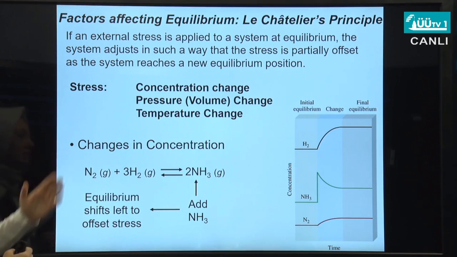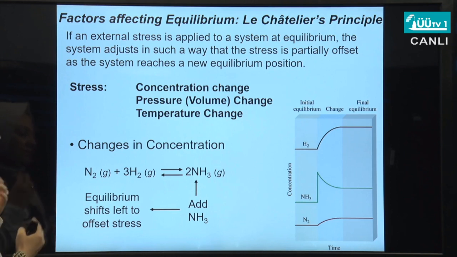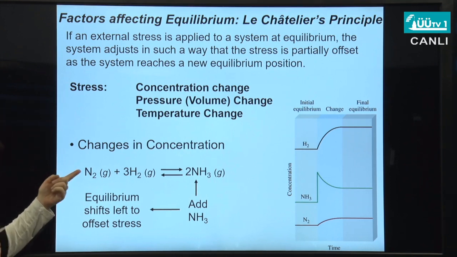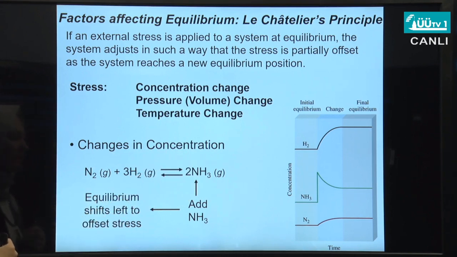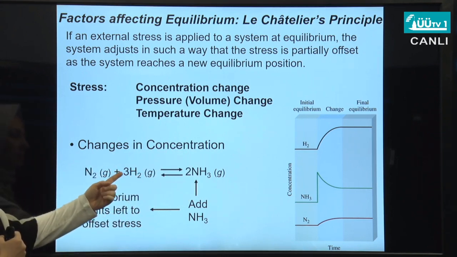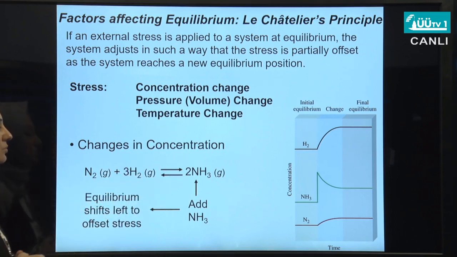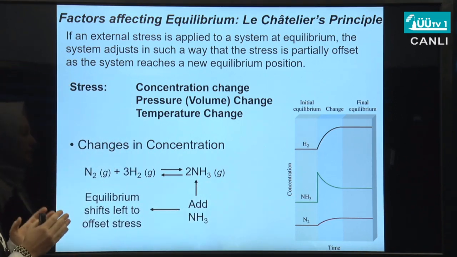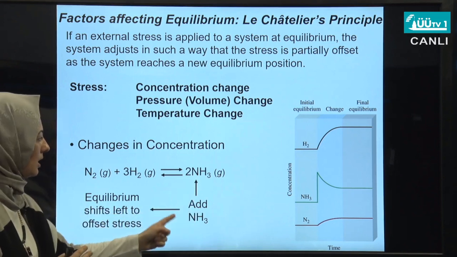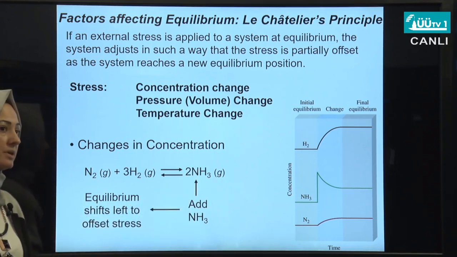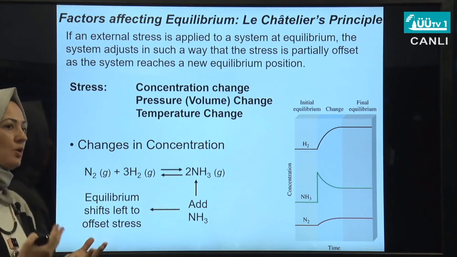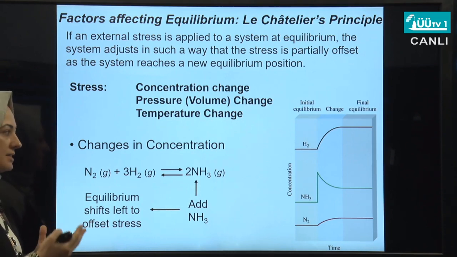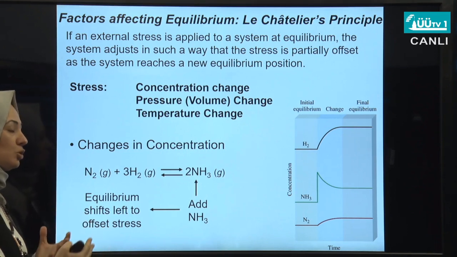Okay, first of all, let's investigate what we mean by a concentration change. Consider this reaction, which is the formation of ammonia, gaseous phase. In the gaseous phase, nitrogen plus 3 moles of hydrogen is converted to 2 moles of ammonia gas. Assume that initially your system is at equilibrium. As you see, the concentrations are constant initially. And suddenly you add more ammonia to your system. Now what happens? Of course, you disturb the equilibrium. Now, the system will try to maintain the equilibrium back.